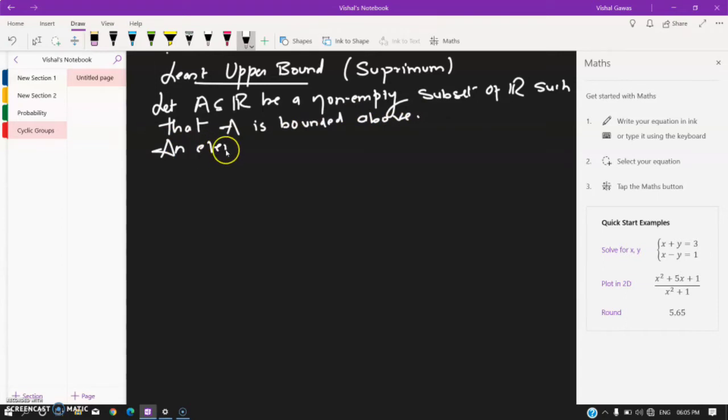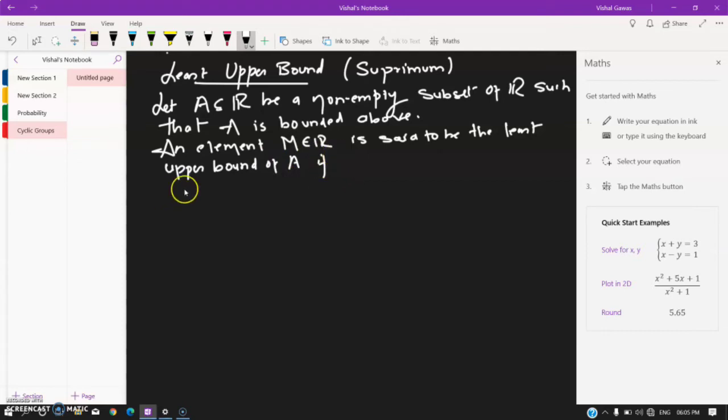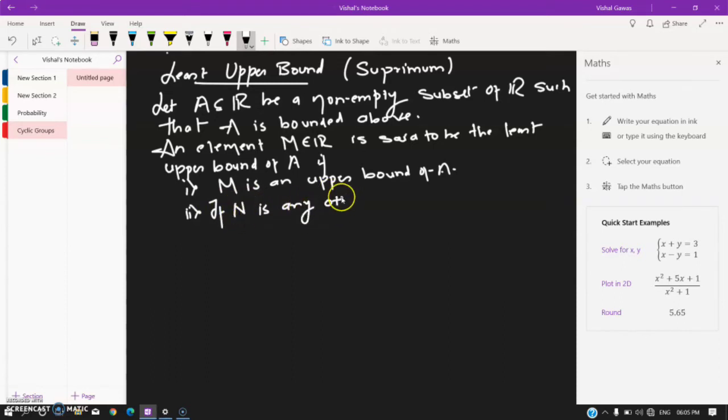An element M in R is said to be the least upper bound of A if, one, M is an upper bound of A. Second, if N is any other upper bound of A, then M must be less than or equal to N. Right?